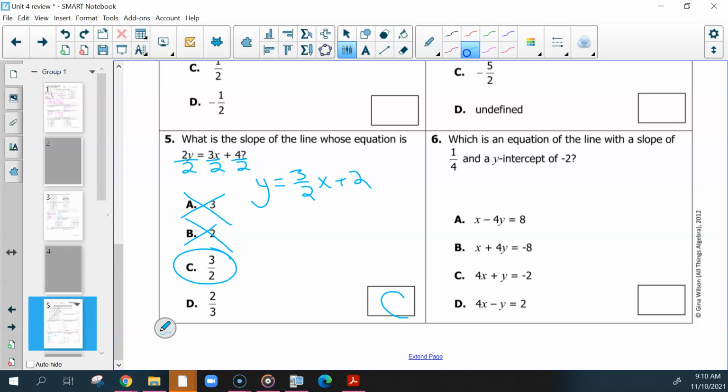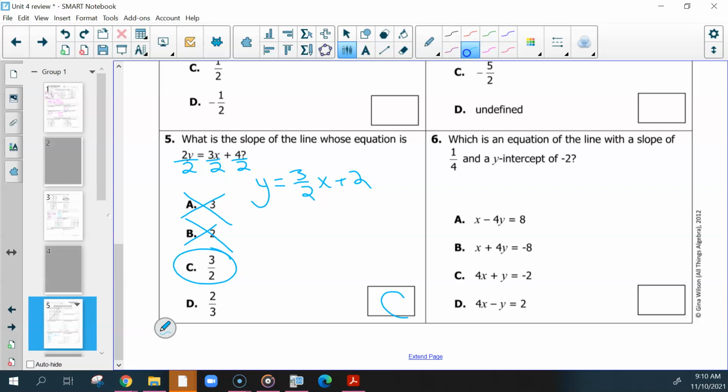For number 6, we can do one of two things. It's asking which of these equations has a slope of 1/4 and a y-intercept of -2. We can convert each of these and see which one matches. Or we can put them in Desmos and see which one matches. That is completely up to you. I know you don't have Desmos right now.